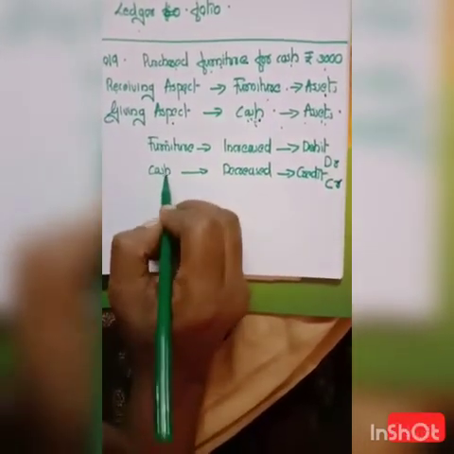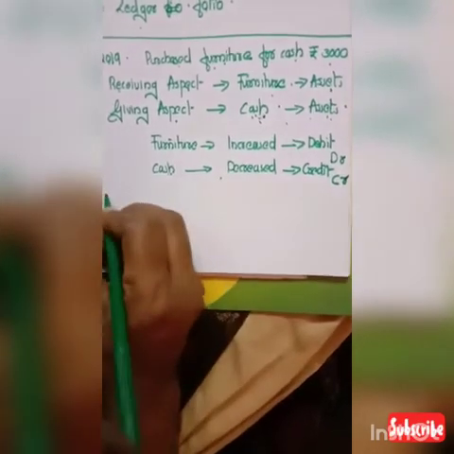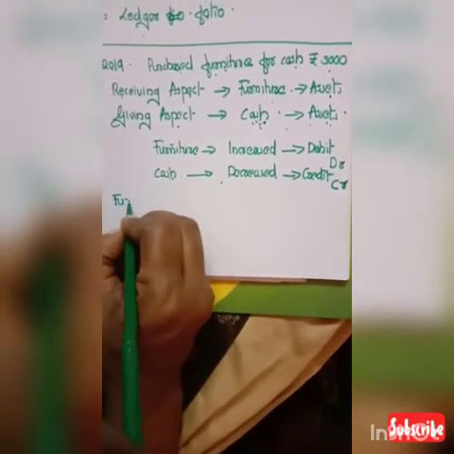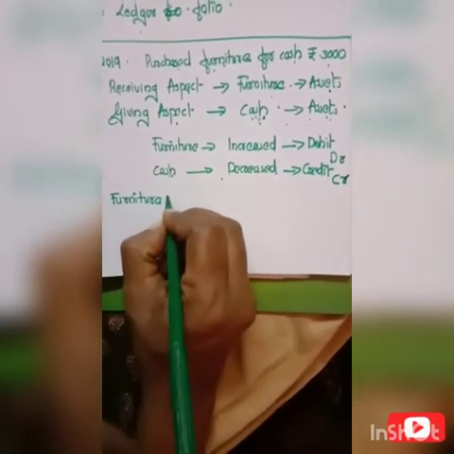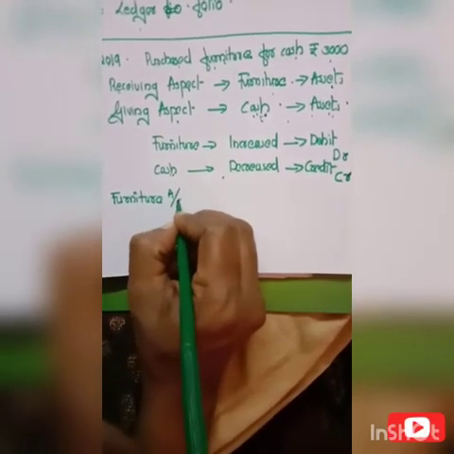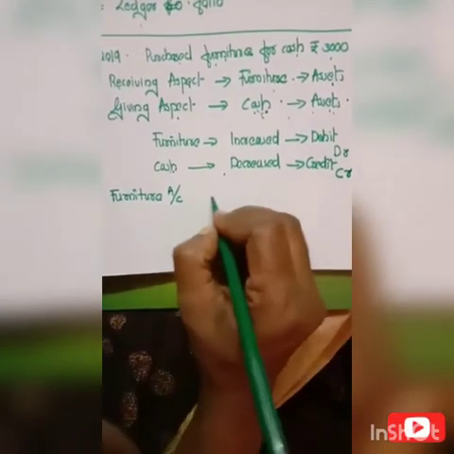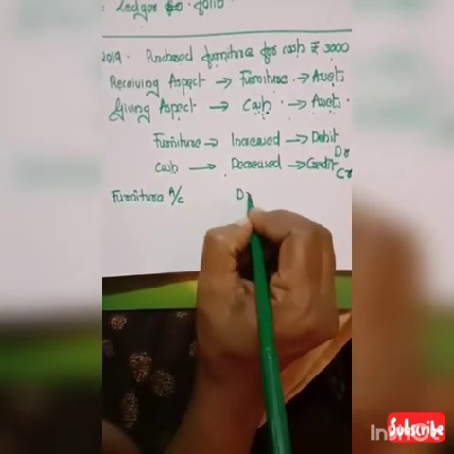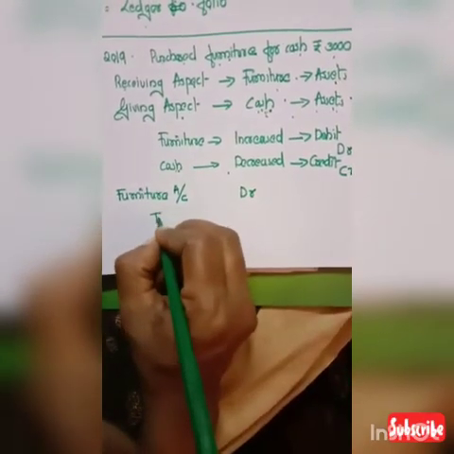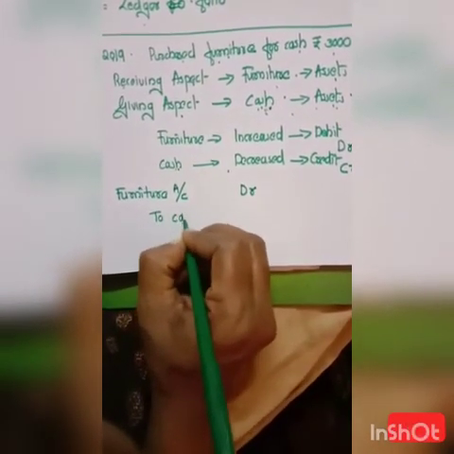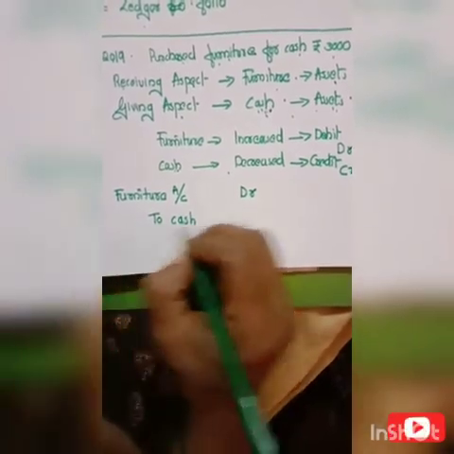This transaction in the form of a journal entry, that is: Furniture account debtor to cash. Furniture account debtor to cash.